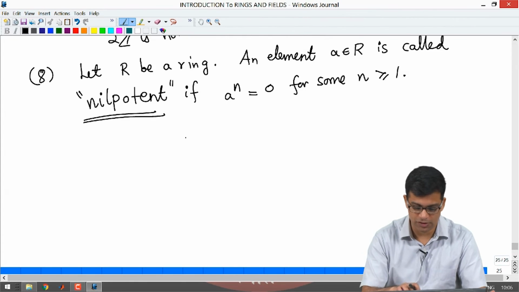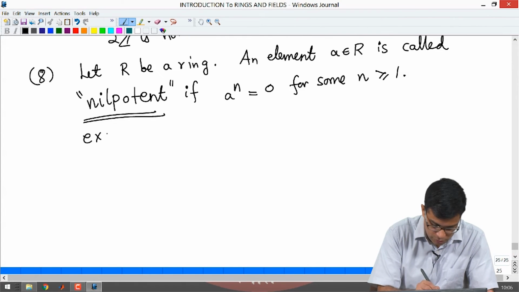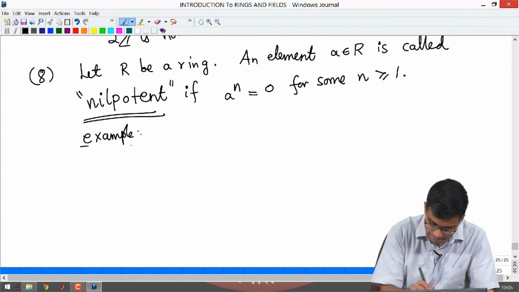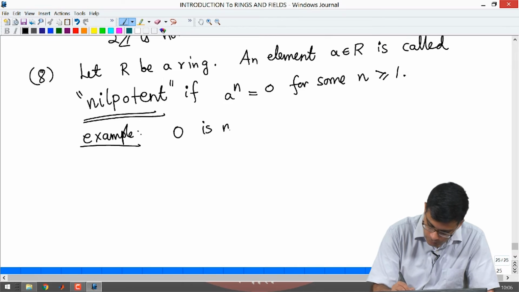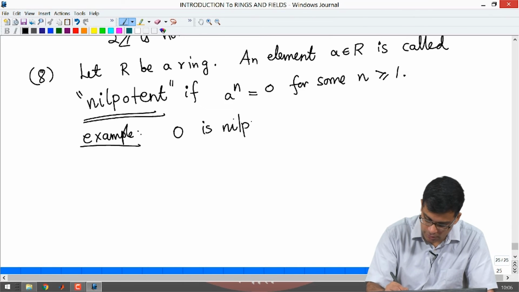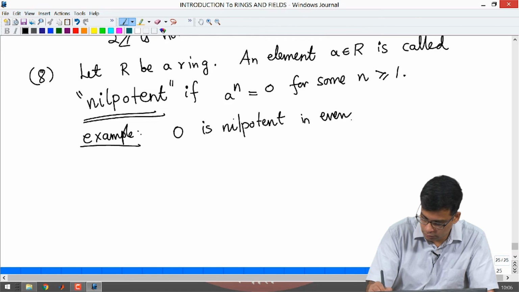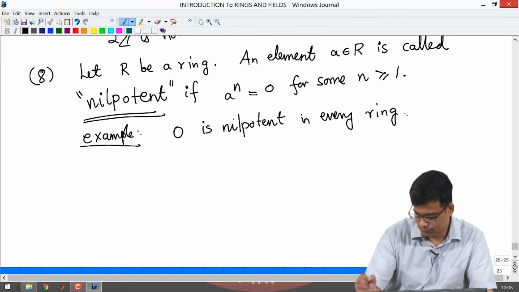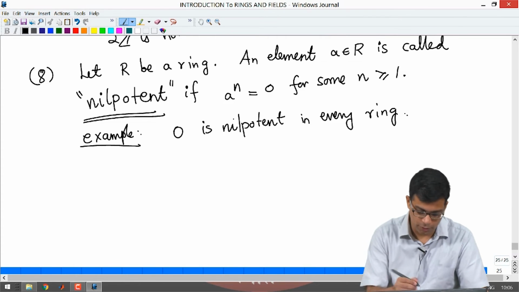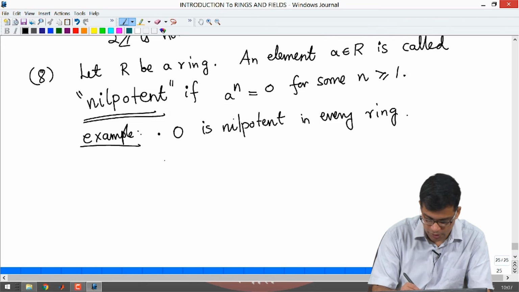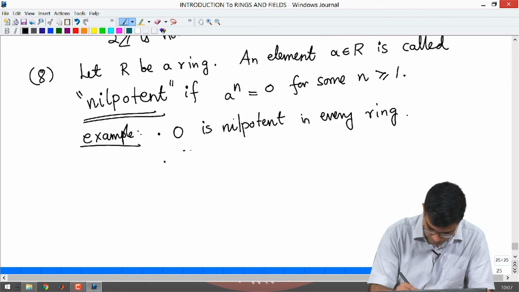For example, the 0 element is nilpotent always, because 0 power 1 is 0. 0 is nilpotent in every ring, right. There are other nilpotent elements in specific examples.